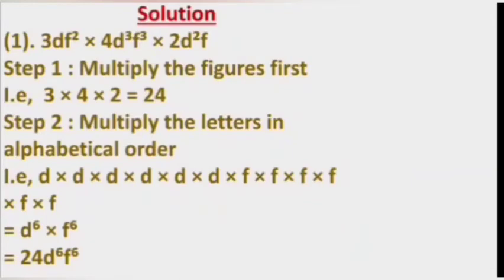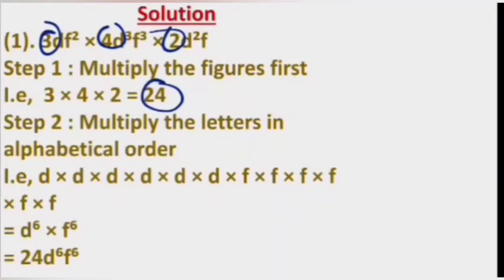We have some steps to make it easier. Step 1, multiply the figures first. You can see the figures. We have 3, 4, and 2. You multiply, and that gives you 24.